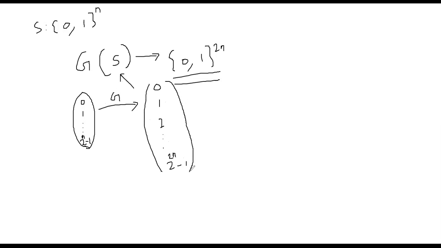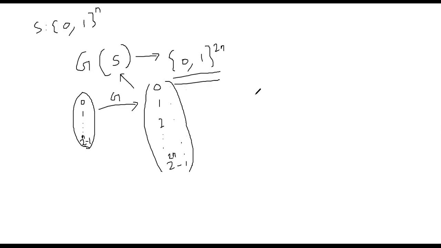Now comes the question: why do I say that the output of G of S need not be uniform? The reason is simple. How many elements are there in the output of G of S? Let's assume G is 1-to-1 for a moment, which means the output of G is a subset of all possible 2n-bit values.